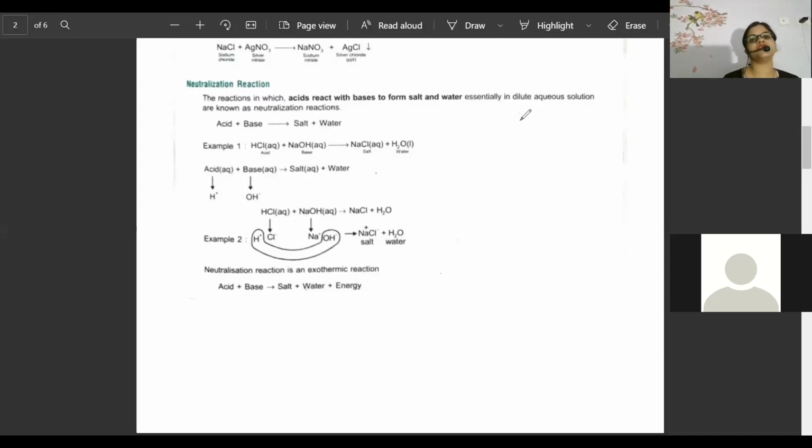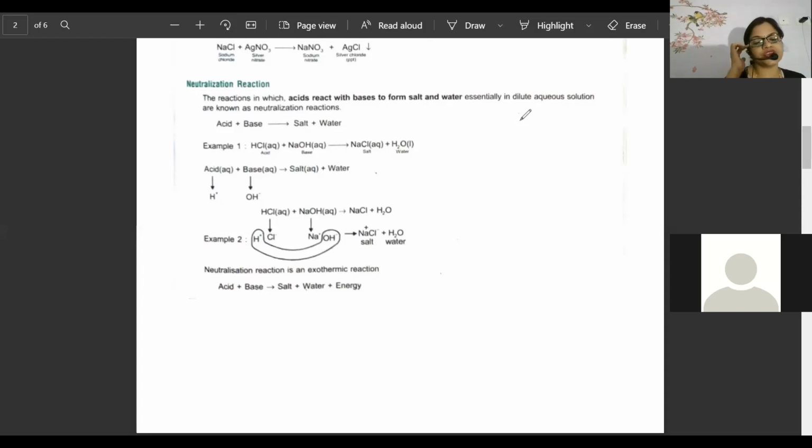Since heat is released, it is considered an exothermic reaction. During salt formation, some energy will be released. See there, it is already written: neutralization reaction is an exothermic reaction.